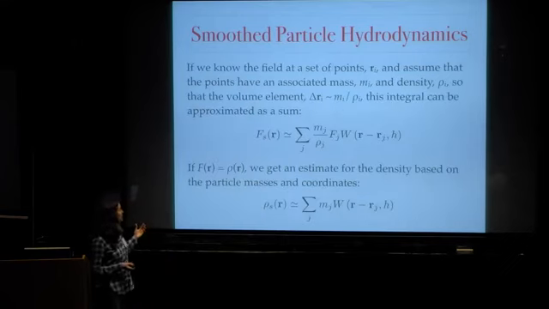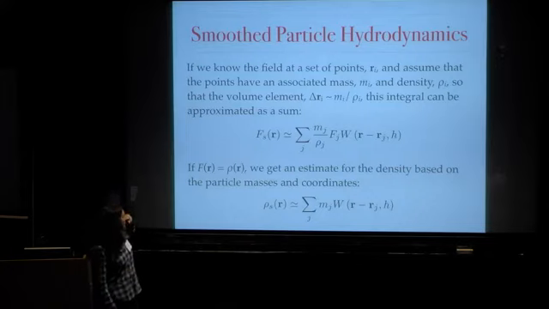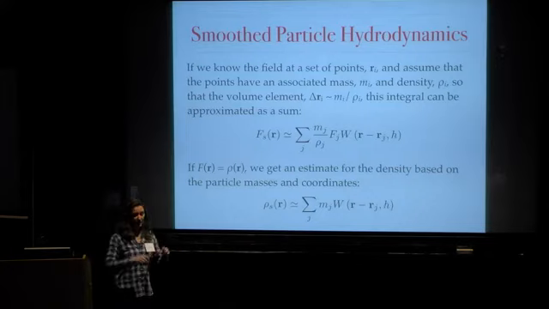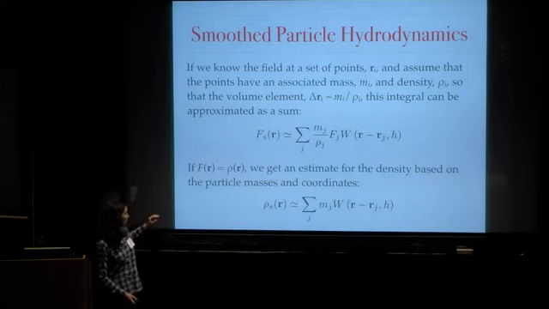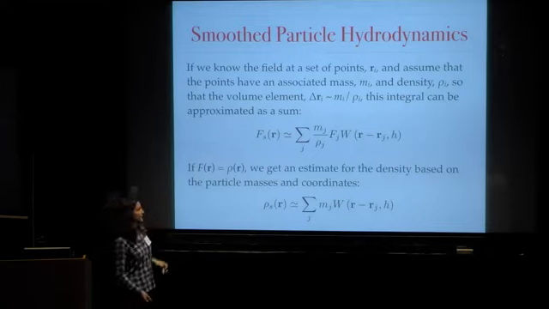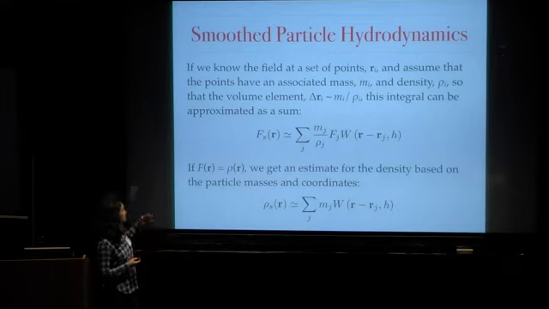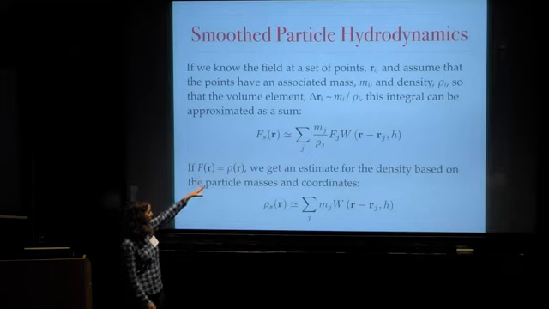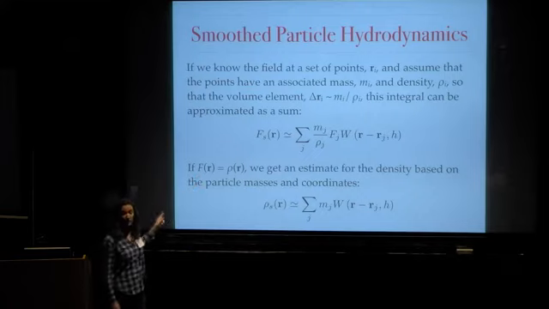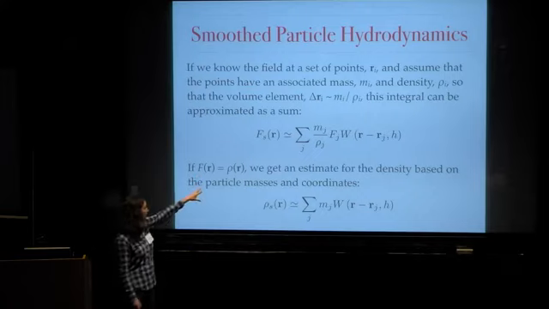So how does this actually work in practice? Well, let's say now that we know what the field is at this set of positions, R, and we assume that each of these points has an associated mass, and with that mass, we have a density, so this volume element, delta R, is just the mass over the density. Then that means we can rewrite that integral as a sum that looks like this.